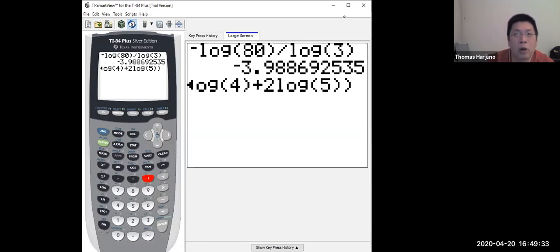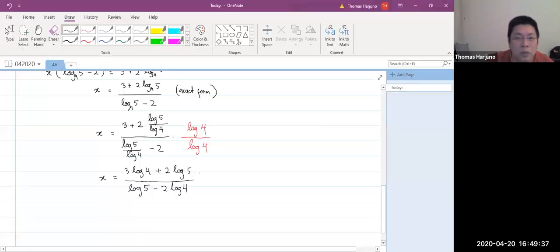Let's go back to our notes. What I just typed deals with the numerator here. I use parentheses on the top and close it before I go to the bottom. When I go to the bottom, I need to use parentheses also, because it's a group of the numerator divided by a group of the denominator.